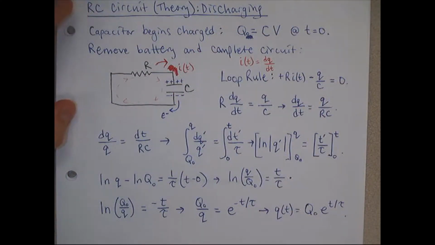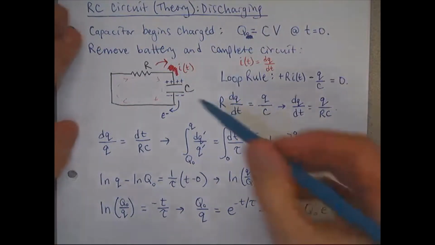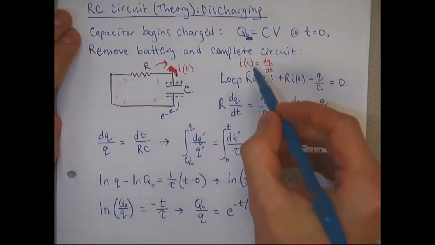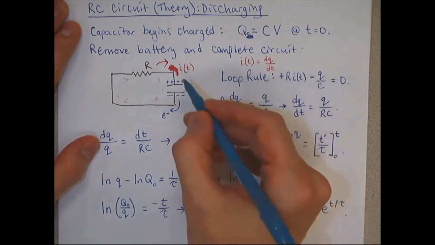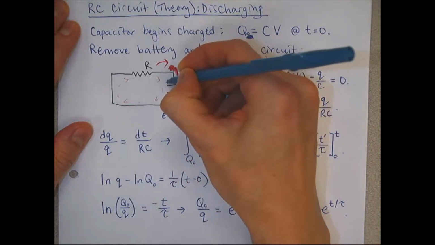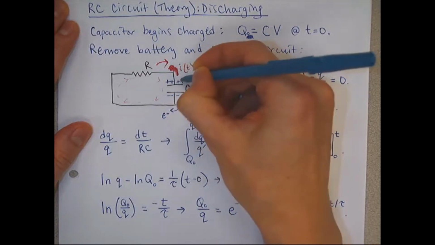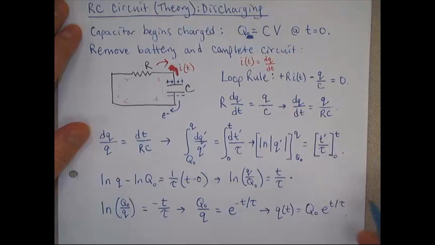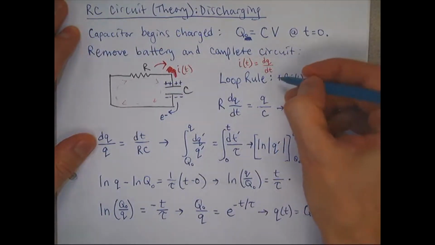Even though we understand that conventional current in this circuit is going to flow counterclockwise, our definition of I demands that it is the rate at which the magnitude of charge on the plates is increasing. You can see that will change this sign.